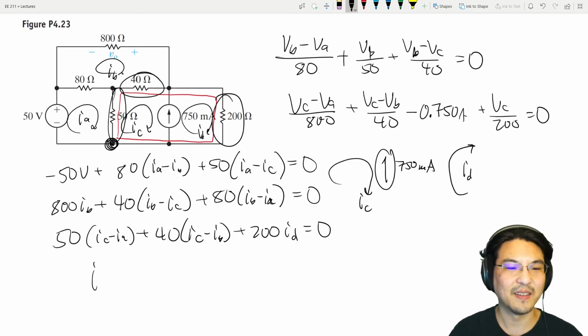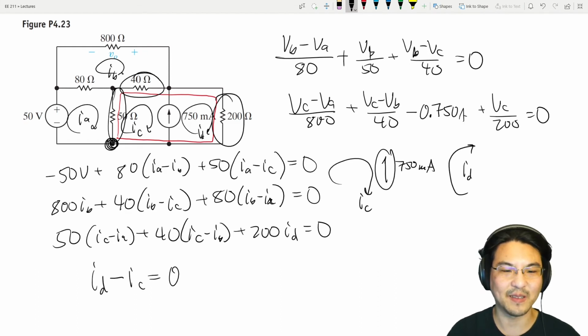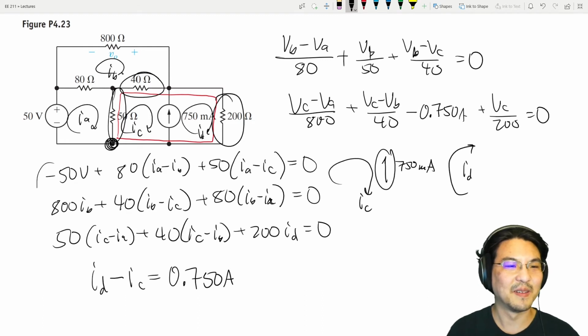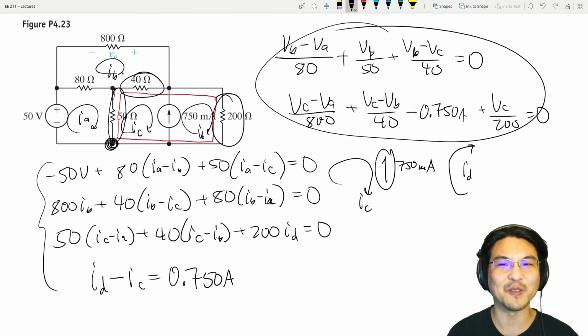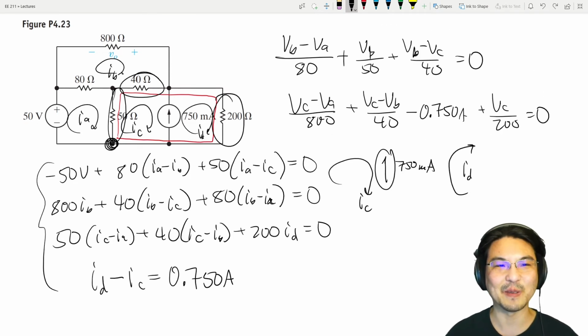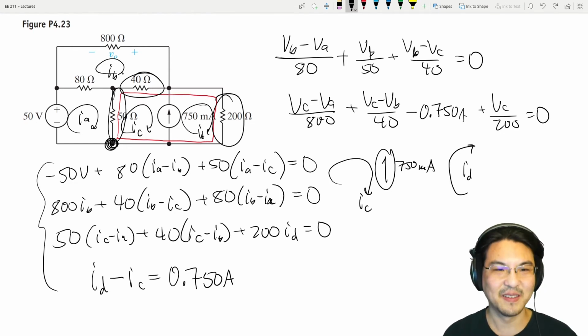ID is more than IC by 750 milliamps. Okay, so 4 equations, 4 unknowns. This one, definitely the node voltage method wins for being simpler. That super mesh helped a little bit, but there are just so many unknowns.